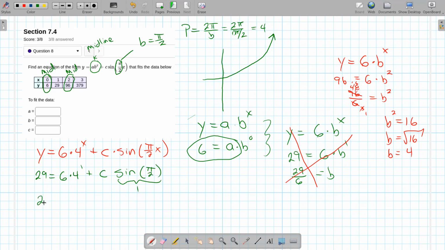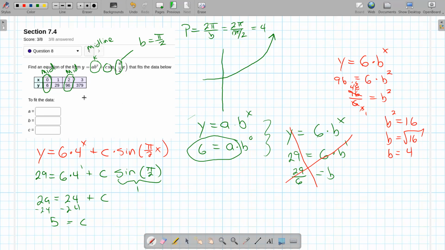So I get 29 equals 6 times 4 is 24 plus c, subtract the 24, and I get c is equal to 5. And that's that last number right there. So let's see if this goes through those points.